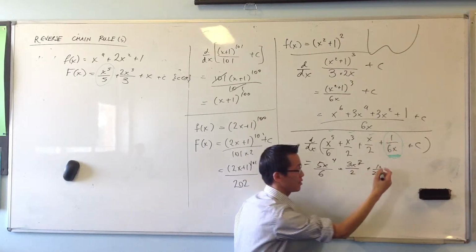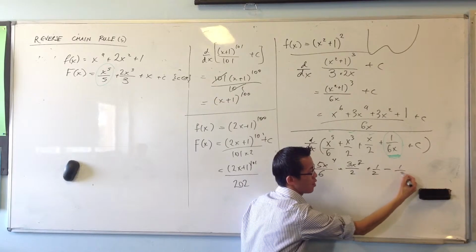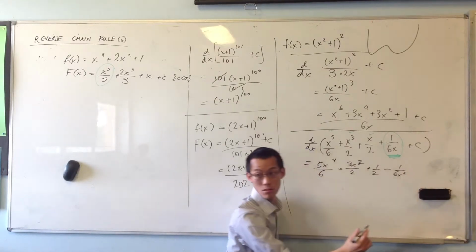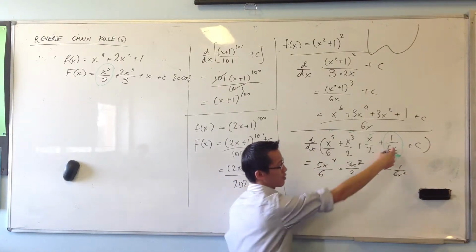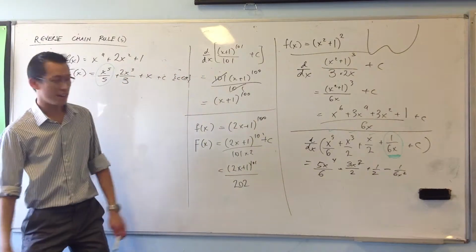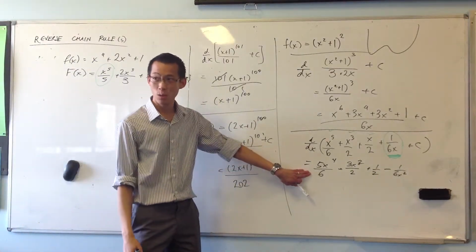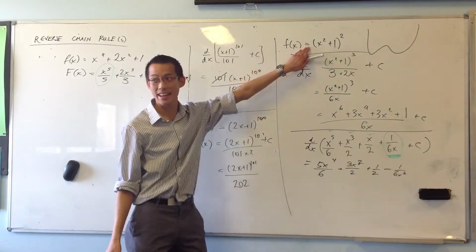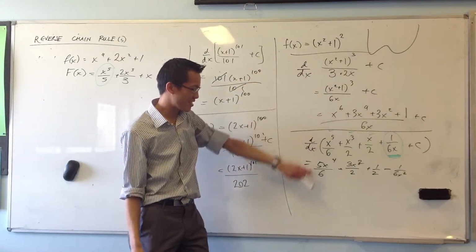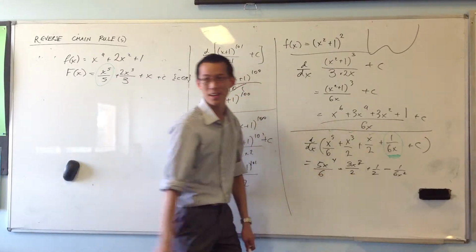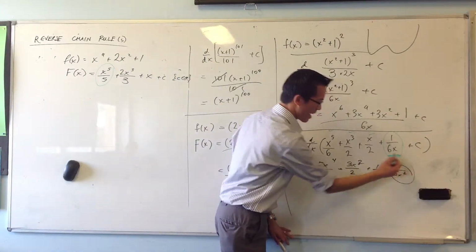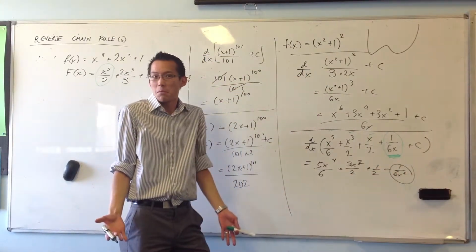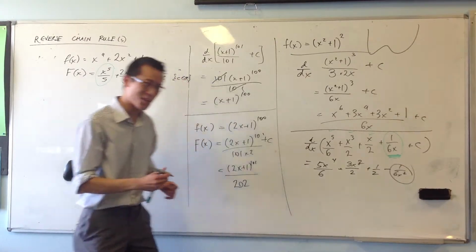So minus 1 over 6x to the minus 2, on the bottom. And then the constant disappears. Now, does this look like I could factorize it and twist it so it would turn into that? No. The fractions just get worse and worse, and it's to the power of 4. Where are you going to put it?